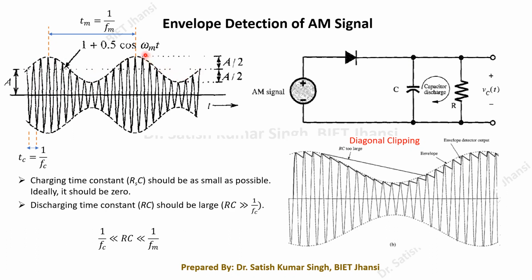The variation in the amplitude of the carrier signal due to the modulation effect becomes the envelope, and that represents the message signal.